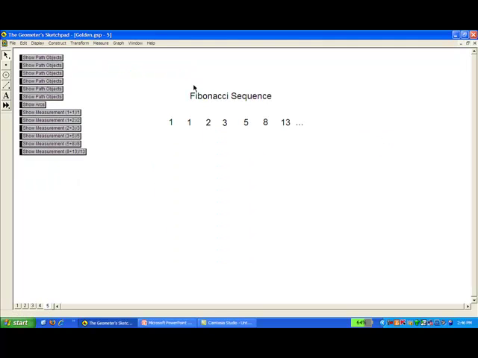All right, now check this out. We're going to take a look at the Fibonacci sequence. It's formed by adding the previous 2 numbers to get the next number. For example, 2 is equal to 1 plus 1, 3 is equal to 2 plus 1, 5 is equal to 3 plus 2, 8 is equal to 5 plus 3, and so on.